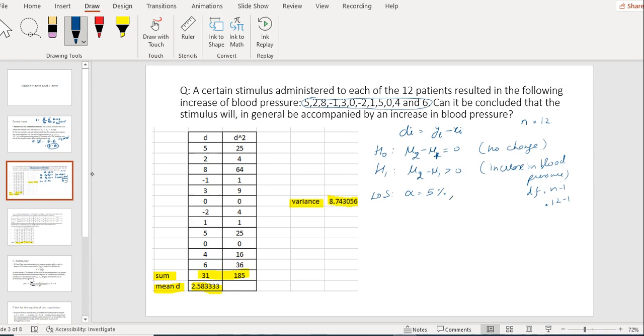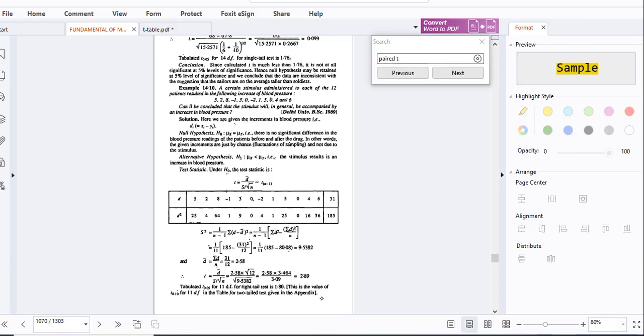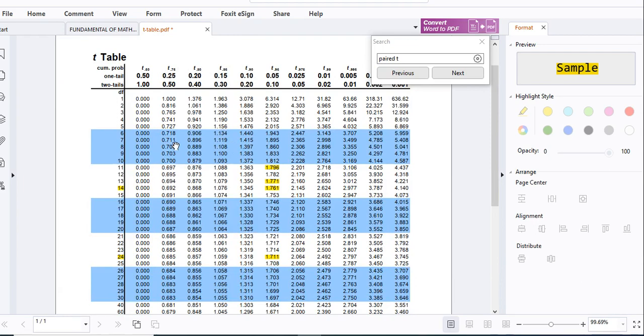So we need to check the value of t at 5% level of significance and 11 degrees of freedom. If we refer to the t table, for a one tail test at 5% level of significance and 11 degrees of freedom, the value is 1.796.